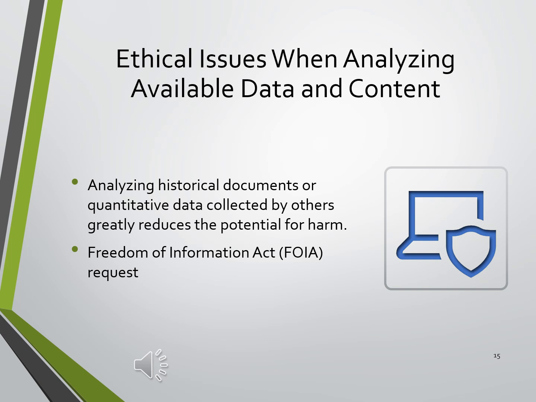The Freedom of Information Act, or FOIA for short, is the federal law that stipulates that all persons have a right to access all federal agency records unless the records are specifically exempted. So we have access to tons of data and material that's out there that we're not even aware of. It's up to you to decide if there are any issues regarding human subjects when you are using secondary data from a responsible source.